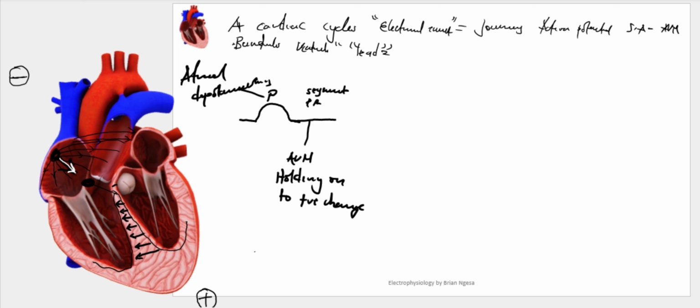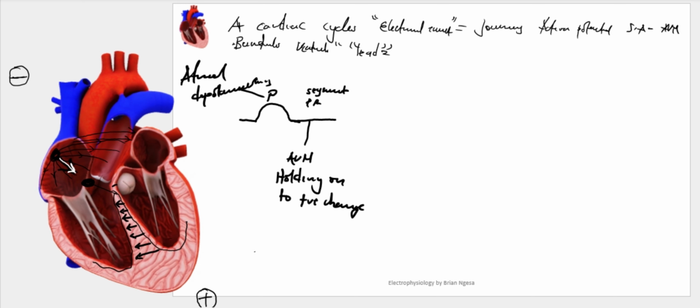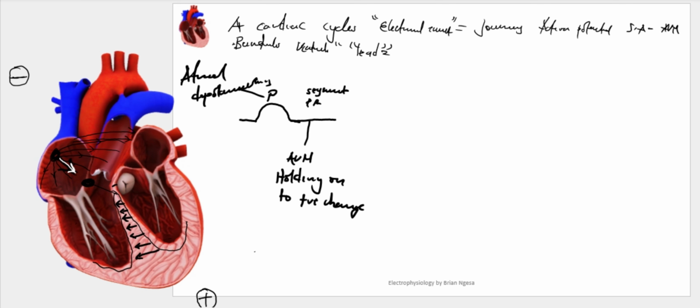So this is how the depolarization is spreading. Using this branch over here, some of it now spreads back to the septum. If you take this, it will seem as though we have some positive charge moving towards this direction.